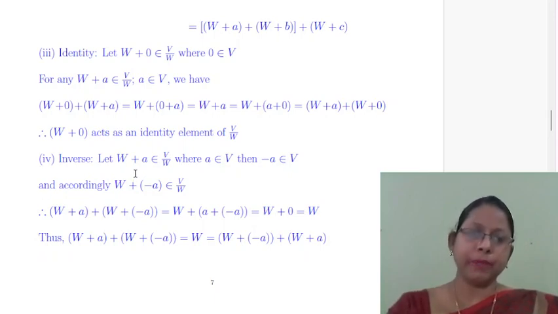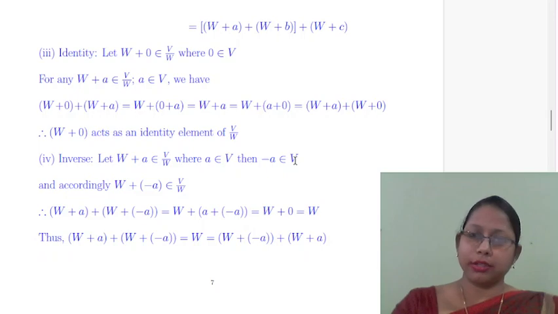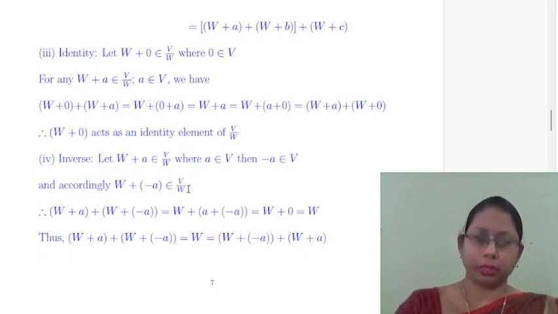Next is inverse. For any W + A belonging to V/W, where A belongs to V, then minus A belongs to V, as the additive inverse of an element in V is in V, and accordingly W + (-A) belongs to V/W.